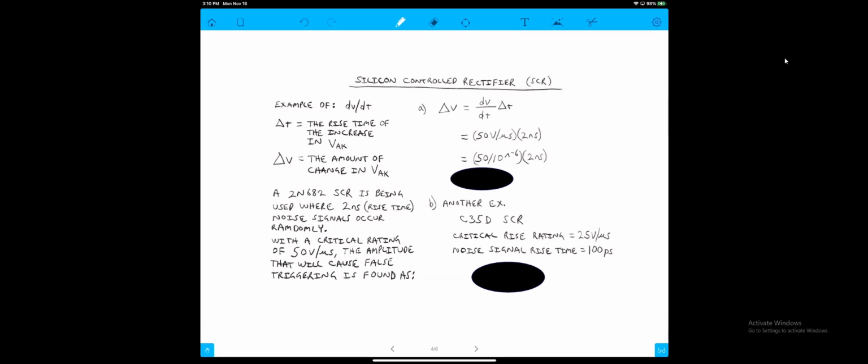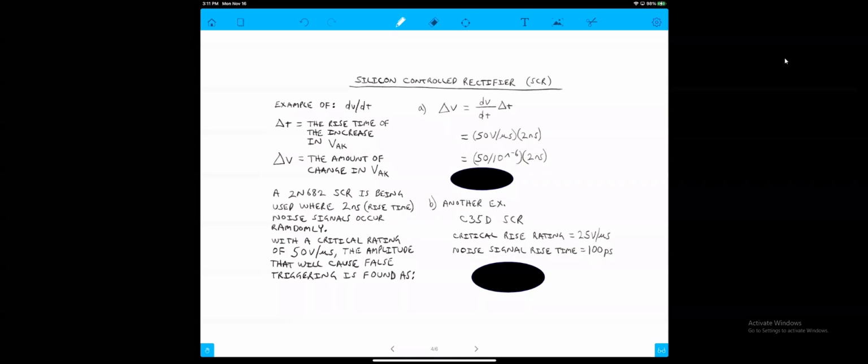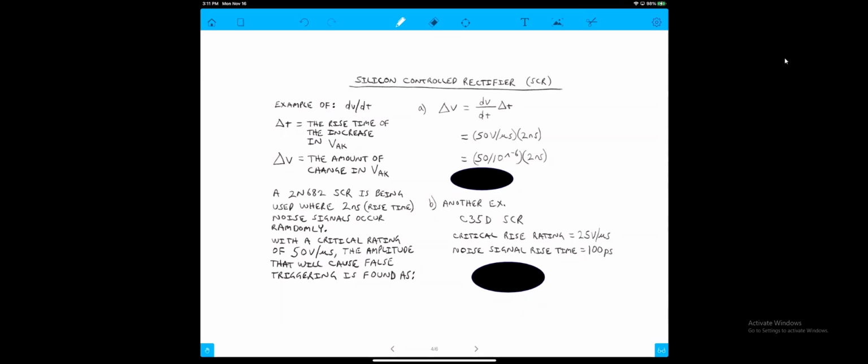Nope. Try it again, Thomas. So 50 divided by 1 microsecond, times 2 nanoseconds. A nanosecond is to what power? Negative what? Anybody want to tell Matt what that is?